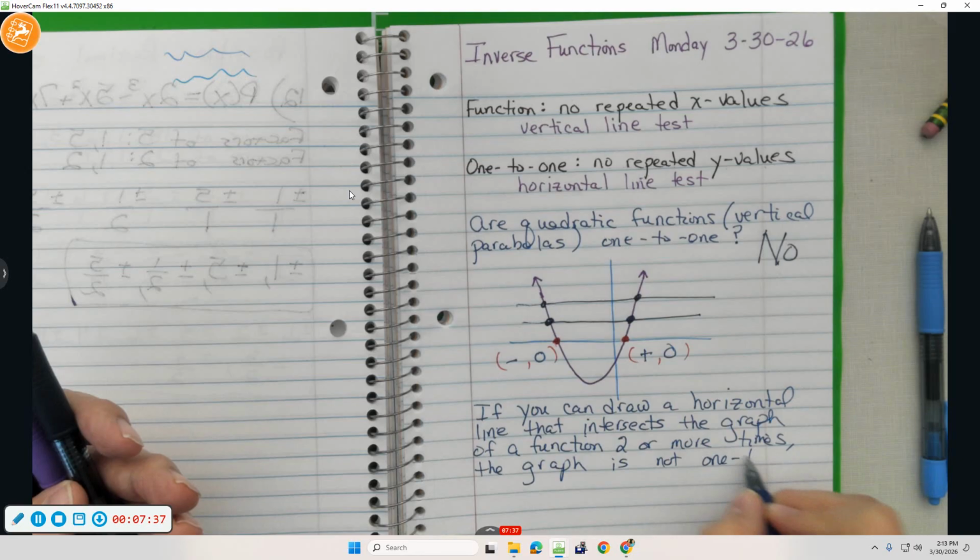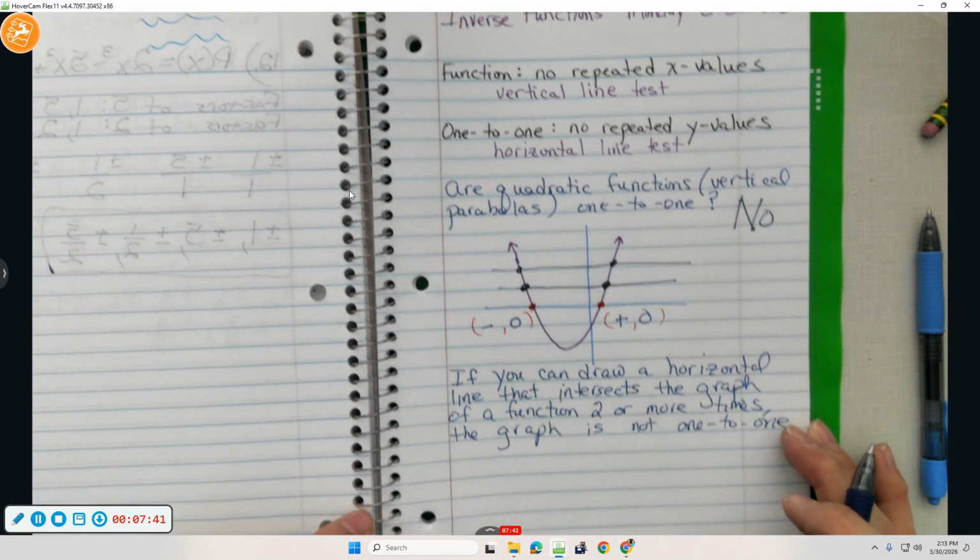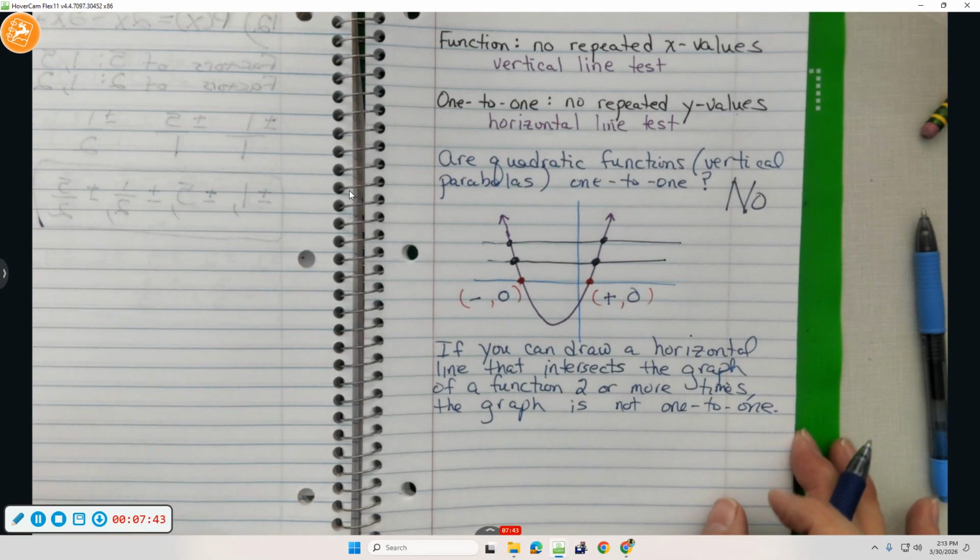Just like if a vertical line intersects a function more than once, it's not a function.